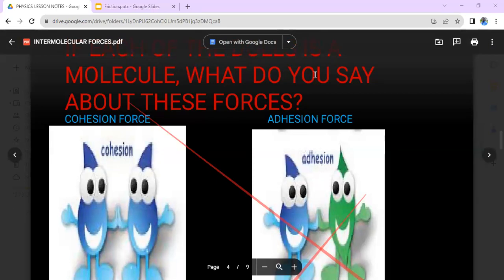We have two diagrams. Any person to share with us? What do you have to say about the diagram which has cohesion force and the diagram which has adhesion force?